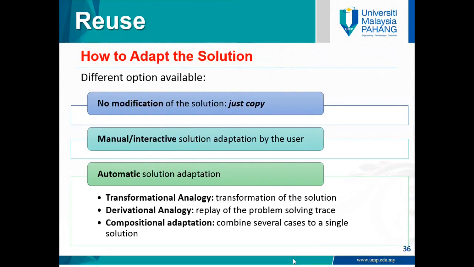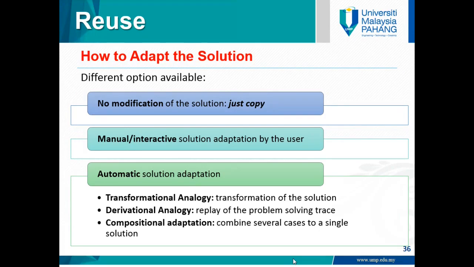And the third solution adaptation is compositional adaptation, where we combine several cases into a single solution. You don't really need to know in detail how the automatic solution adaptation is executed, but if you are interested, you can search. So the output of the reuse cycle is the proposed solution.